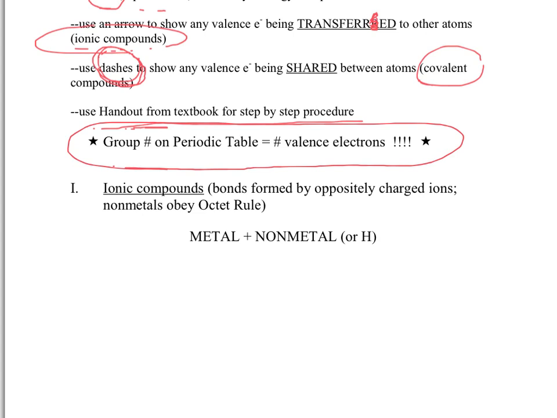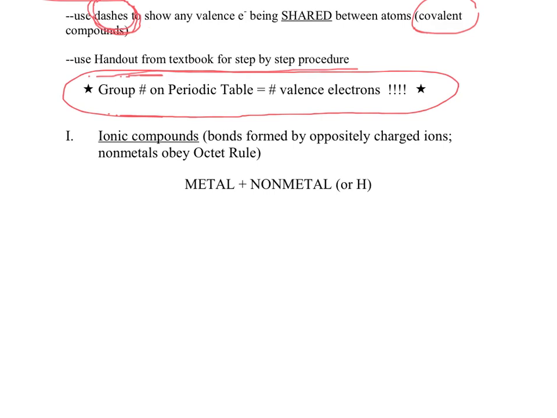Okay, so for ionic compounds, bonds formed by oppositely charged ions, the things that you've been doing in lab, you have a metal and a nonmetal. Now notice I also put in parentheses, nonmetals are going to obey the octet rule. The word octet, literally translating into 8, means that all of your nonmetals in your Lewis structure are going to have 8 valence electrons, or 8 little dots or circles or whatever we use to represent the electrons.